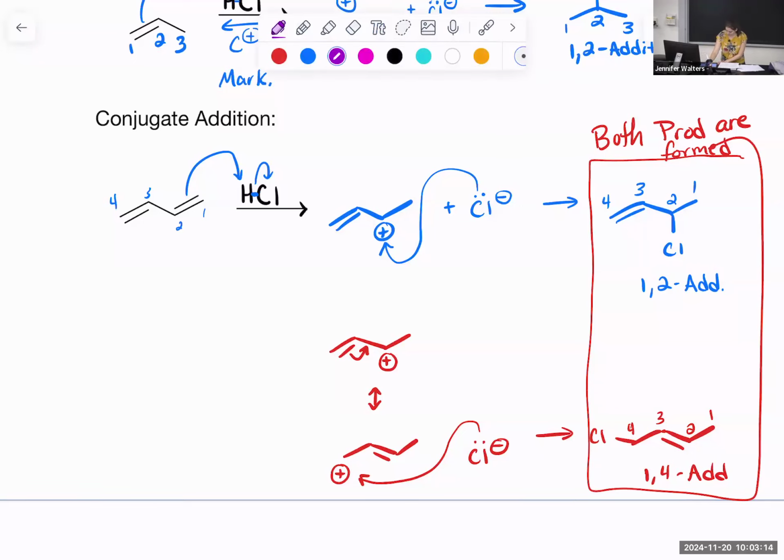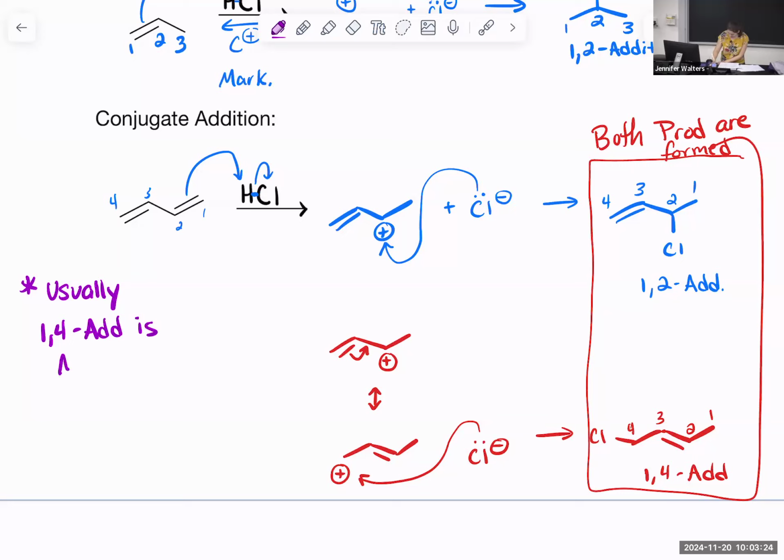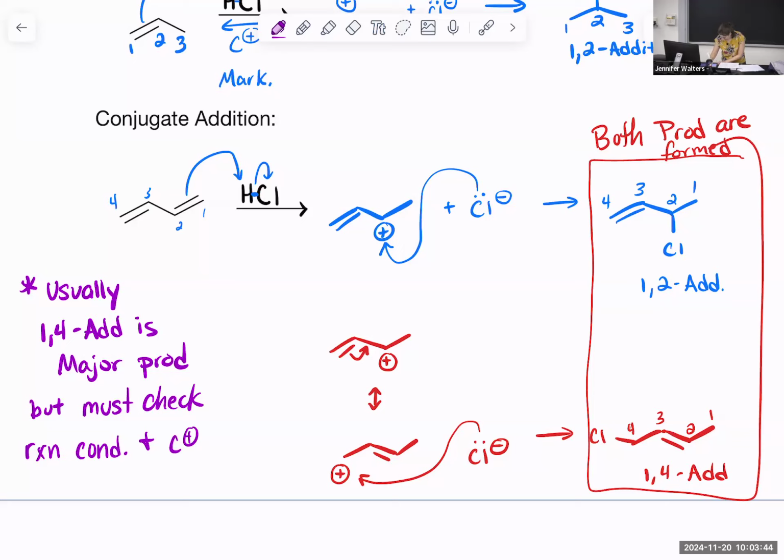Usually, 1,4 addition is the major product, but you must check reaction conditions and carbocation stability.